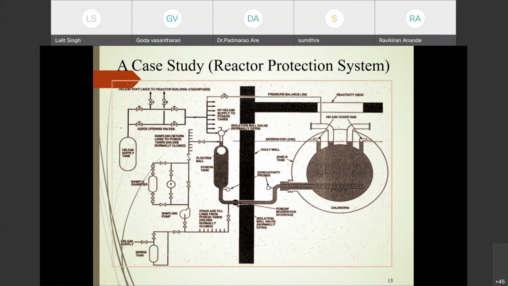We all know the working principle of a nuclear reactor, but I would still explain it for anybody who doesn't know. In this calandria there is nuclear fuel. Generally, uranium is used as the nuclear fuel.